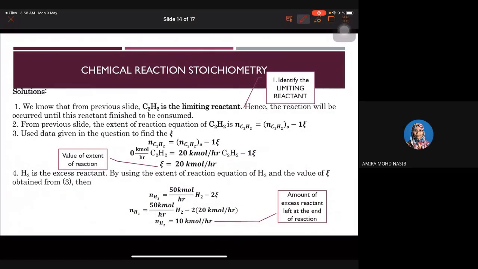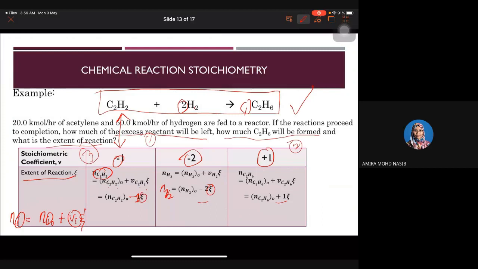We know that C2H2 is the limiting reactant, hence the reaction will occur until this reactant is completely consumed. From the table just now, we know the equation for the extent of reaction for C2H2 is this one. Then we need to find the E, and the E here should be the same for the three molecules. The value is the same.